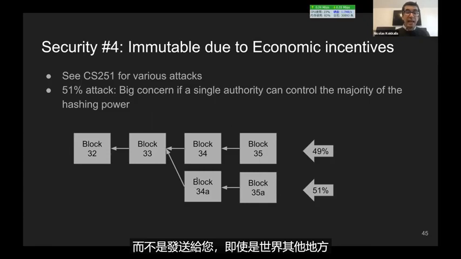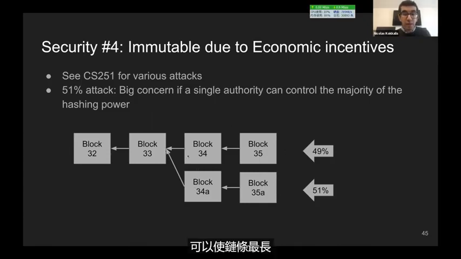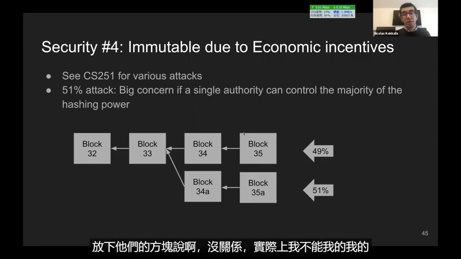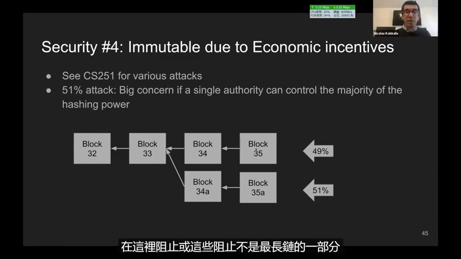And even if the rest of the world was able for a little bit to have a longest chain, on average, because they have more hashing power, this bottom chain will always be slightly bigger than the one up here, making all these nodes constantly drop their blocks, saying, never mind, my blocks here are not part of the longest chain. This chain is longer. They will always be doing that eventually.